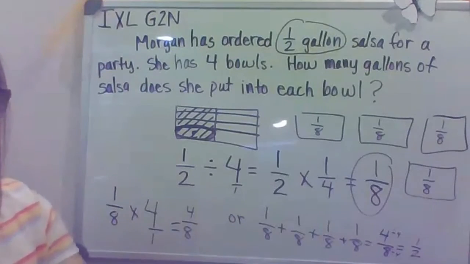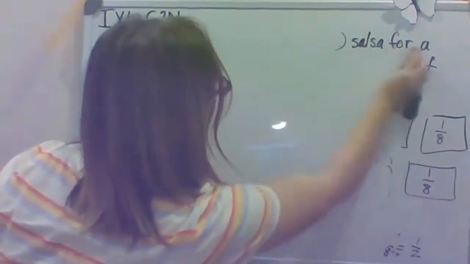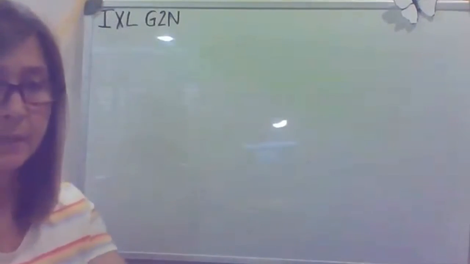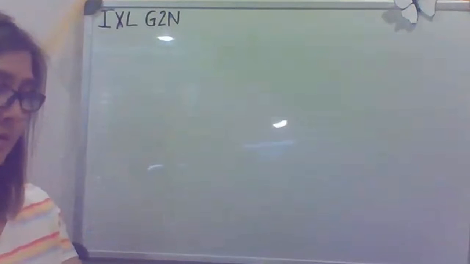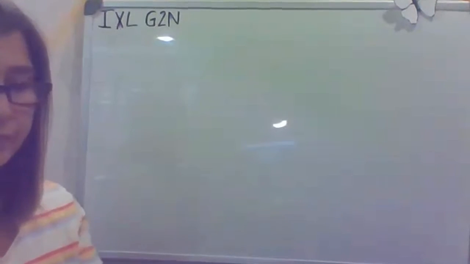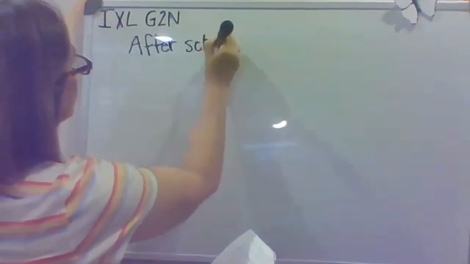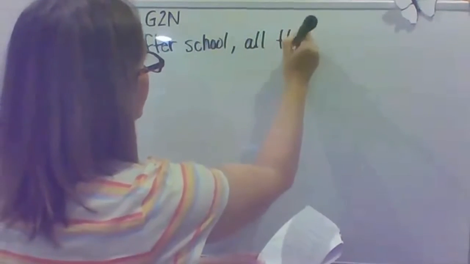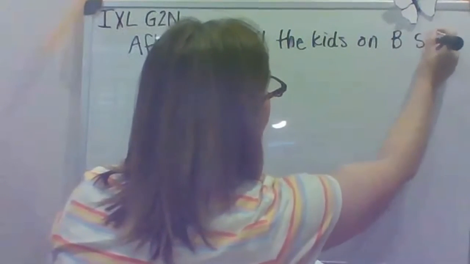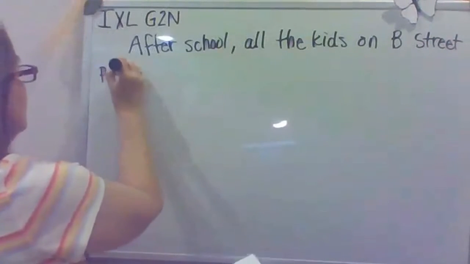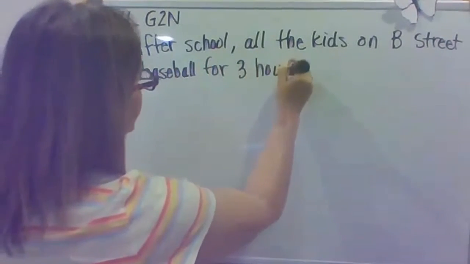Okay, let's try another one. So this will take me a minute to write this out. Let's see. All right, let's try this one. So let's say after school, all the kids on, let's just call it on B Street, play baseball for 3 hours.